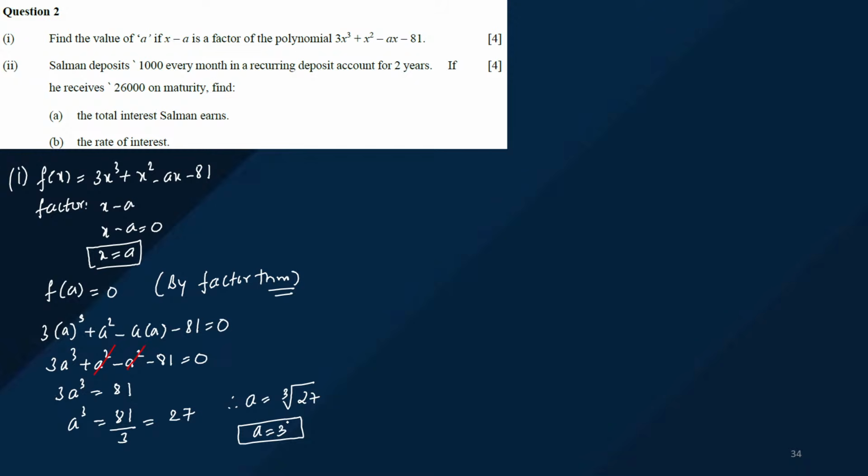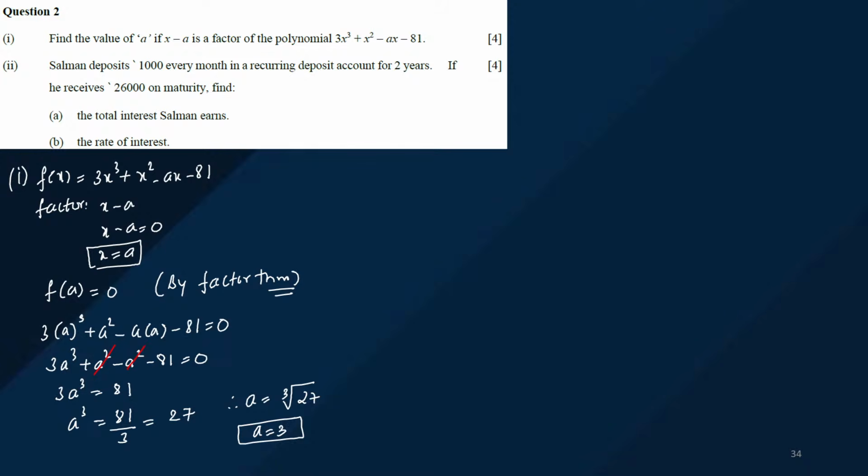Okay, in the sense you need to just frame linear equations in two variables, child. Let me check if I get that kind of questions here. When I'm solving this question paper, I will definitely help you. Otherwise you may go with some of my other videos. You will definitely find a method of solving. If not, don't worry at all, I will take up those kind of questions in the next session.